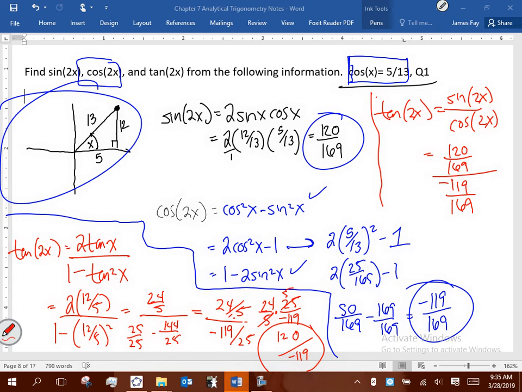What happens with the 169s? It's because we're multiplying by reciprocals ultimately, right? But then that gives me just 120 over negative 119. Oh my gosh, 119. My fault.